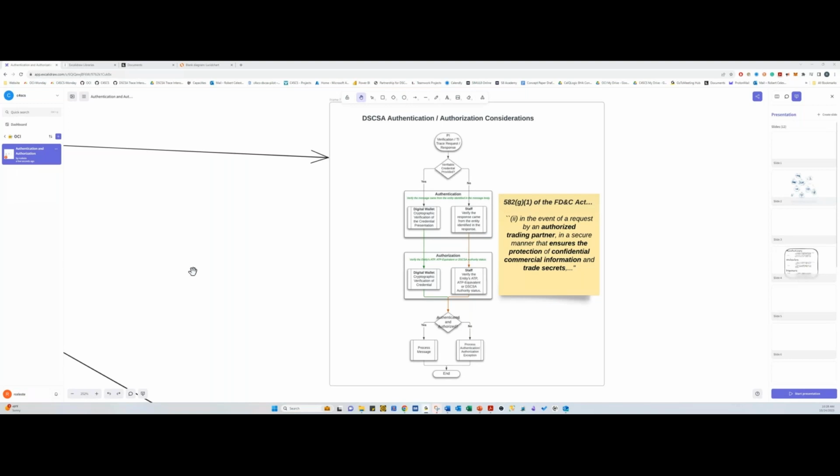So you need to have directly the information if the product identifier is in good standing, and if it comes from an authorized trading partner. So the system is built to have real-time information.